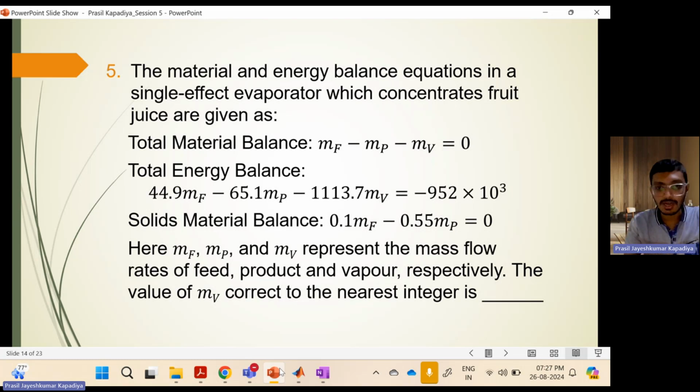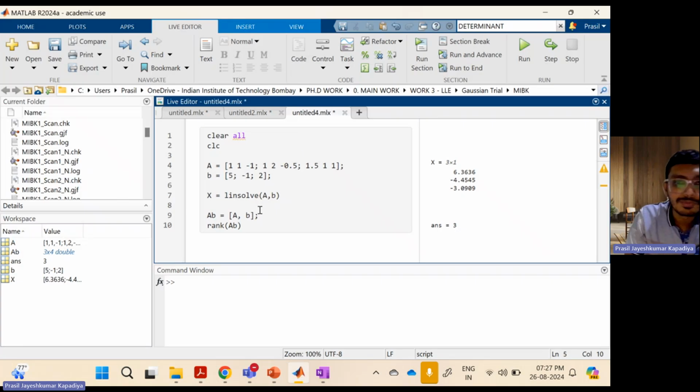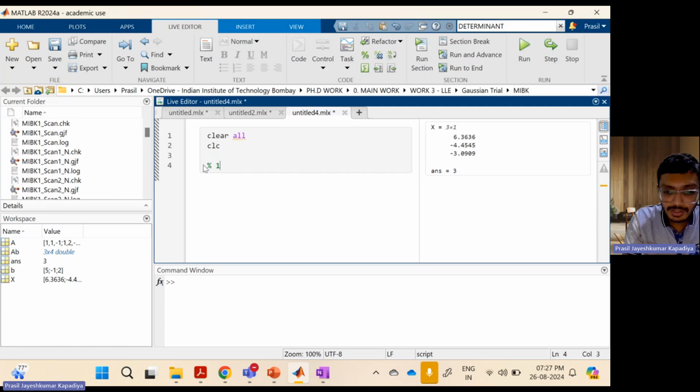Okay, so let's first write down our equations. First equation: 1 mF minus 1 mP minus 1 mV is equal to 0.